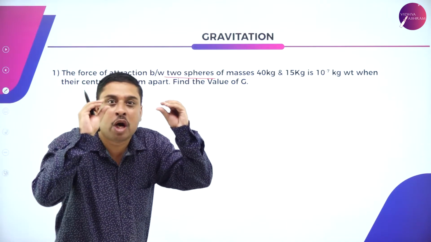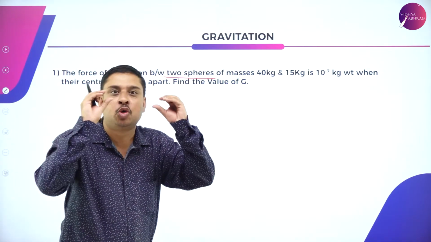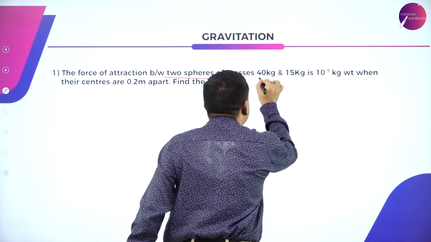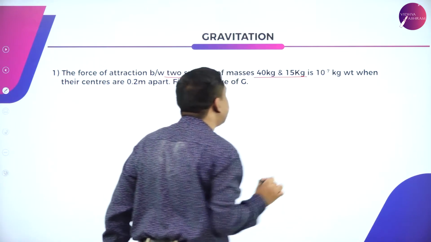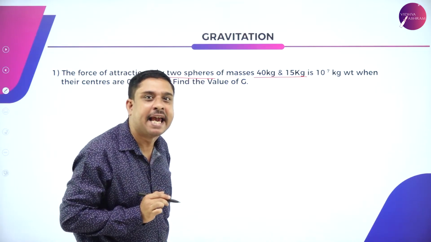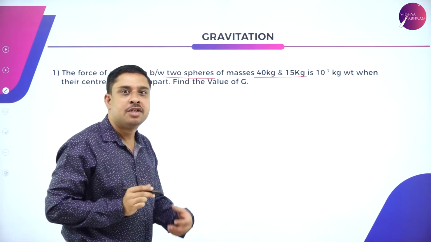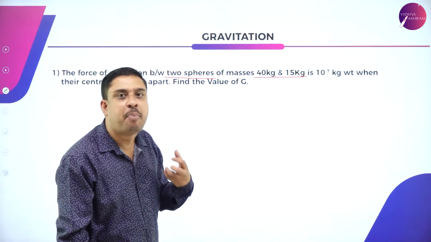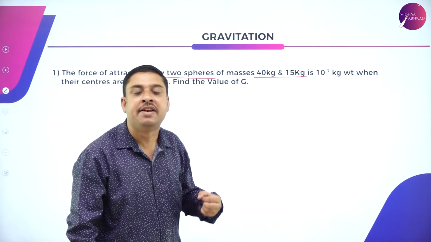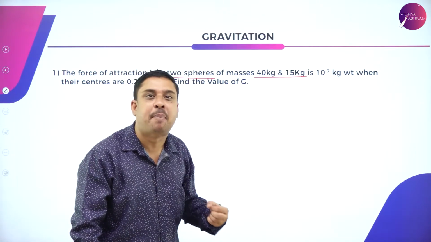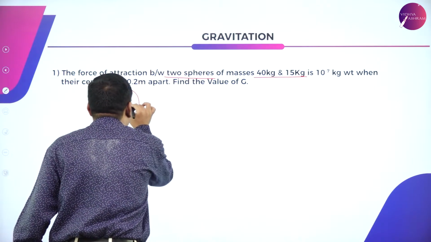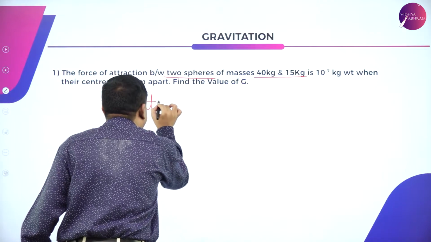Two spheres of mass 40 kg and 15 kg. So as the first part of the data, I have information about the mass. So now I start collecting the data.